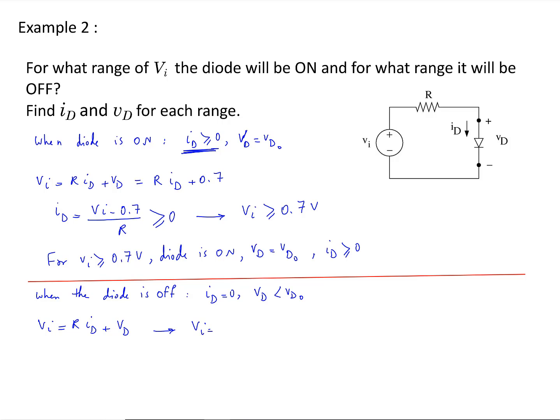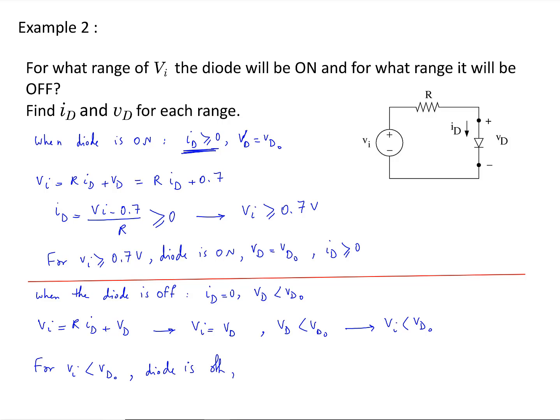From there, VI is equal to VD. Because I want VD to be less than VD0, in other words, the voltage across the diode is less than VD0 when the diode is off, I know that VI must be less than VD0 for the diode to be off.